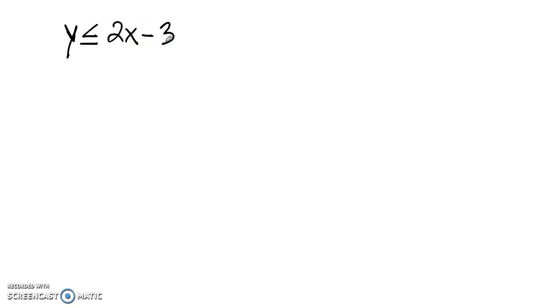All right. So in order to find one solution that satisfies my linear inequality, what I can do is pick a value for x and plug it in. Let's say that x is equal to 4.